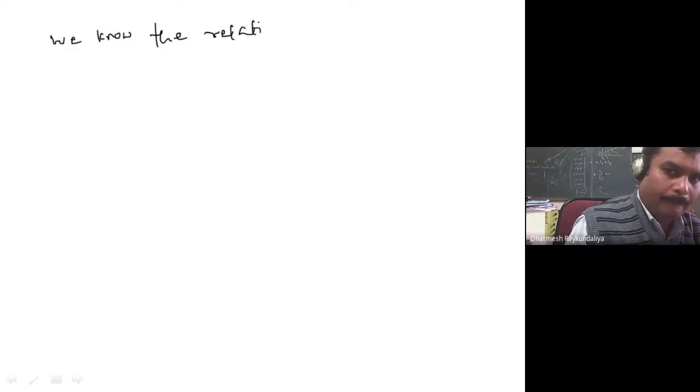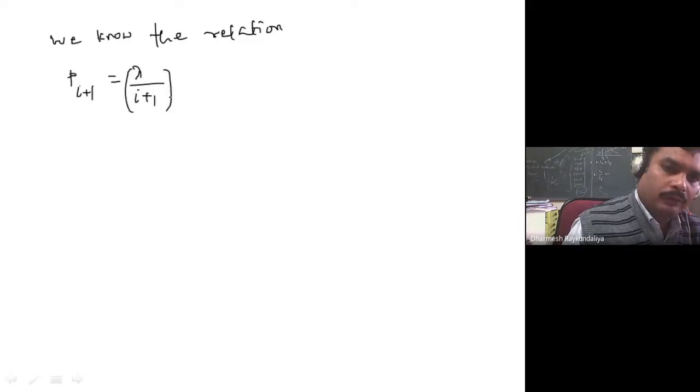So ultimately our aim is to generate random numbers from a Poisson distribution using the inverse transformation method. So we know the relation. What is the relation? If I wish to find the probability at i plus 1, it is lambda upon i plus 1 into Pi.